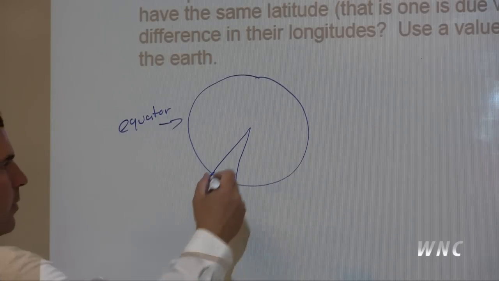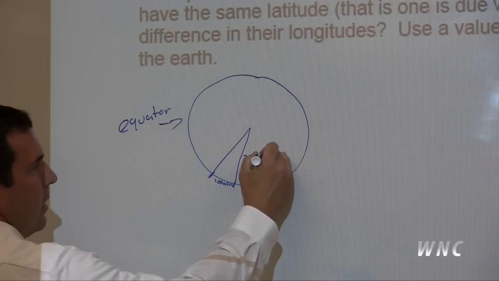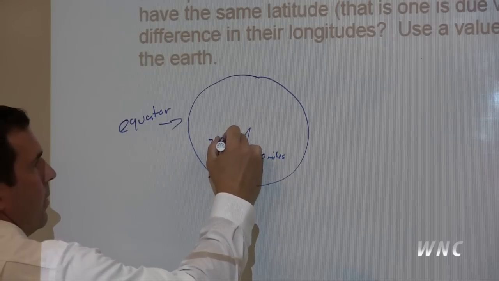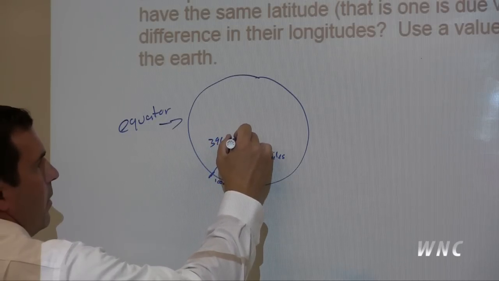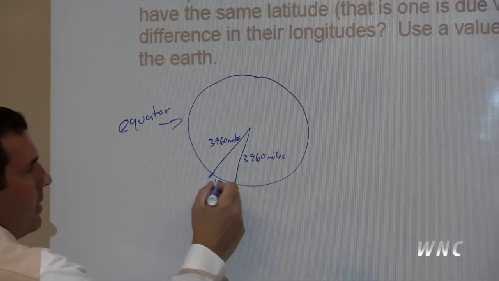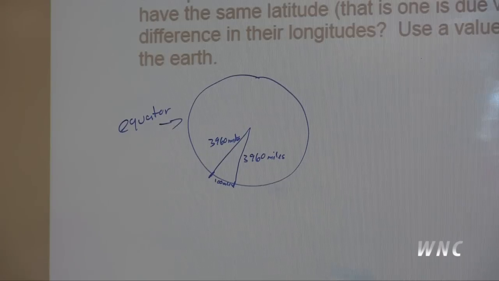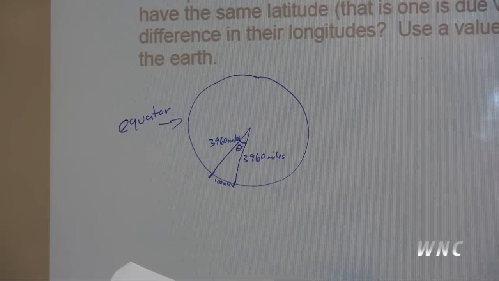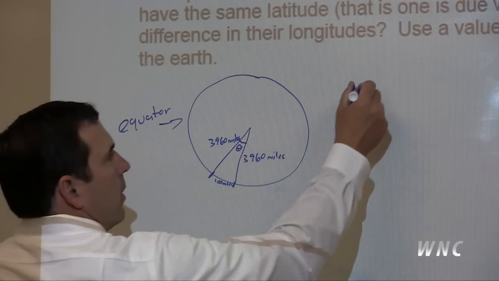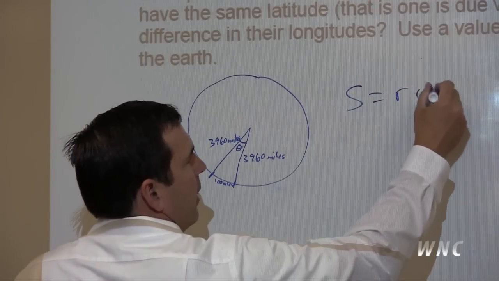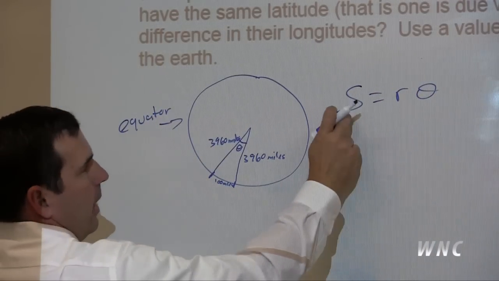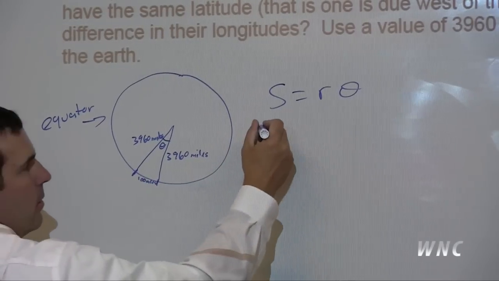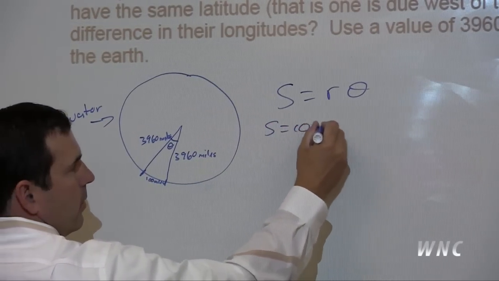So what we're really after, this is 3,960 miles. That's important because this is in miles down here too. What is this theta going to be? Well, s equals r theta. S is, in this case, the arc length, which is 100. So s is 100.